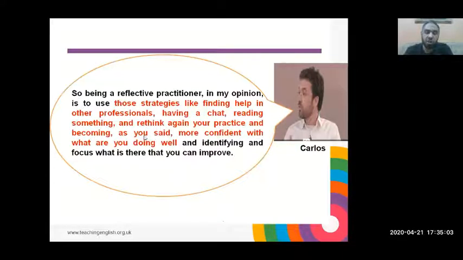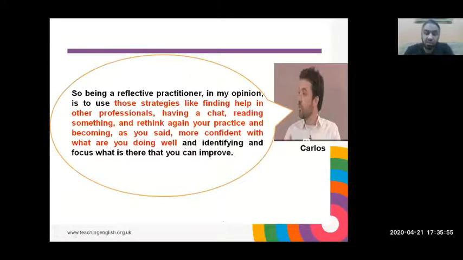Just concentrate on the red lines. So Carlos says, those strategies like finding help in other professionals, having a chat, reading sometimes, and rethinking your practice and becoming, as you said, more confident with what you are doing well.